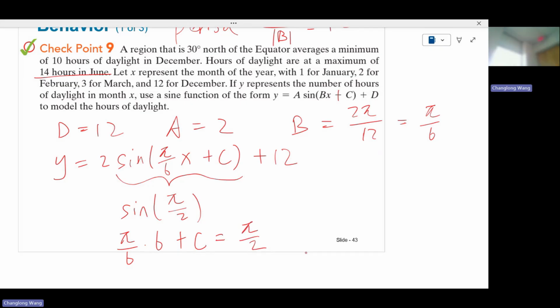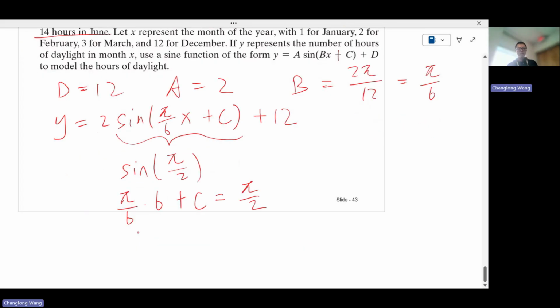Because if I plug in 6 for x and this whole angle works out to pi over 2, then the sine is at maximum, so the entire function will be at maximum, right? So now I just have to find what the C is. The number is actually kind of nice. The 6 canceled, right? So you're left with pi plus the C equals pi over 2. Solving for the C by subtracting pi on both sides, we get negative pi over 2.